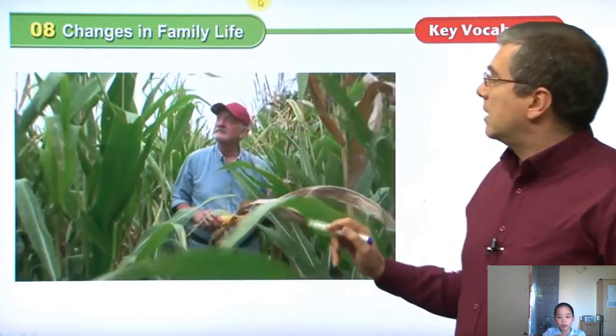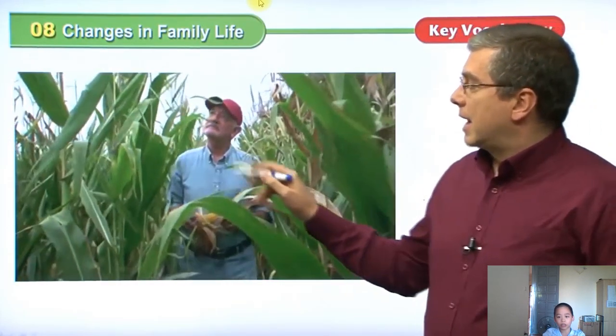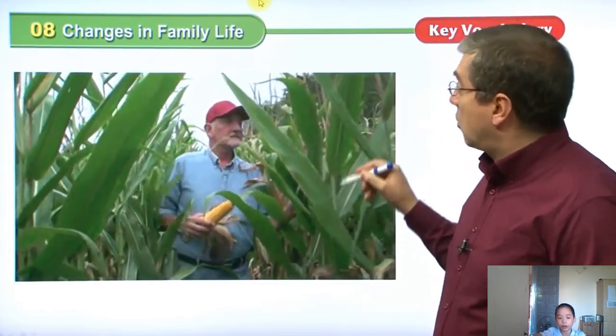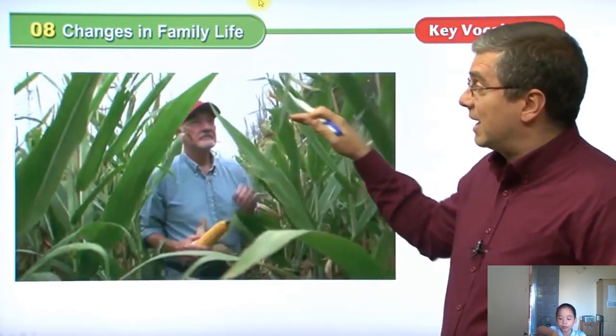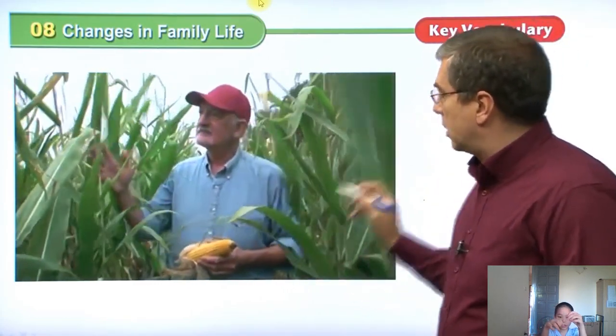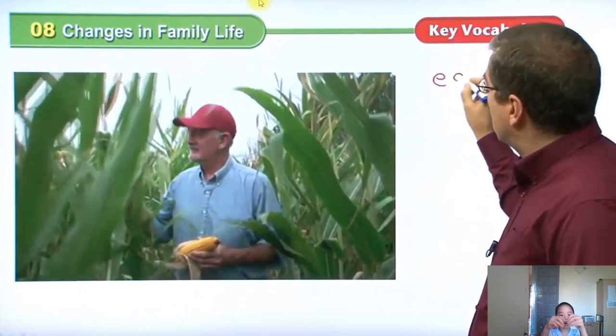A video of a farmer going around his farm, and there are many corn trees there, and these trees are taller than him. He is holding an ear of corn.